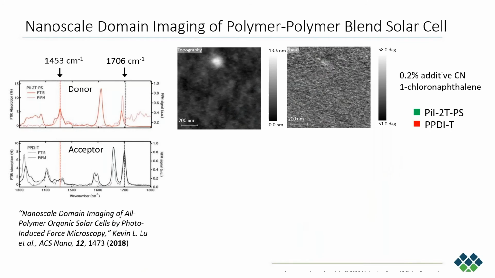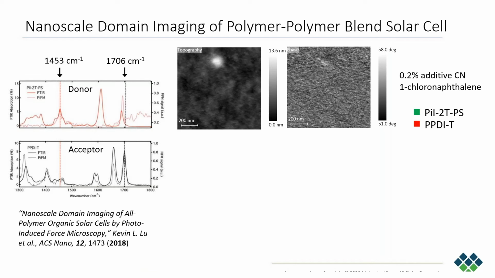Here is another example of how different components are distributed. This is a polymer-polymer blend solar cell. It has donor and acceptor components. By comparing the PFM spectra and the FTIR, which have a good match, we can see that at 1453, we would be able to highlight the donor molecules, and at 1706, the acceptor molecules.